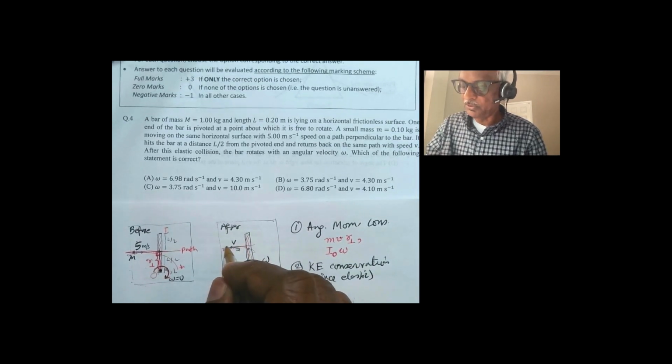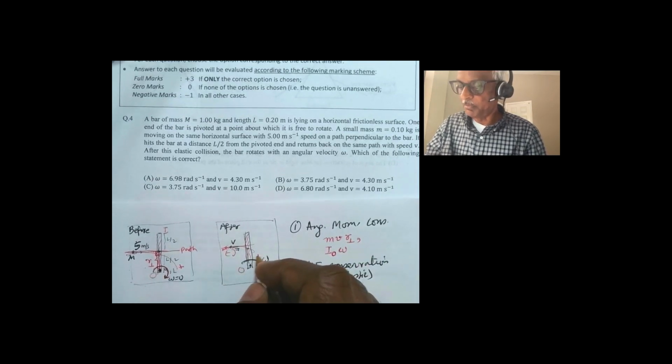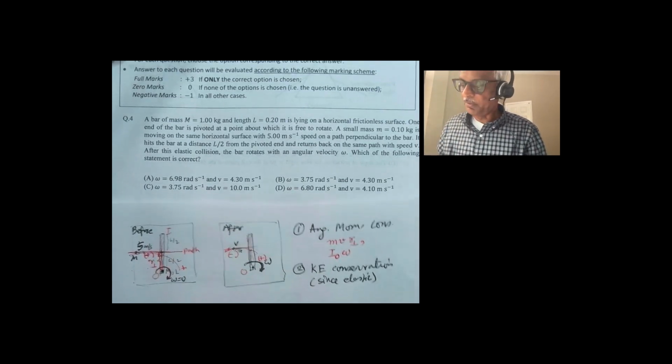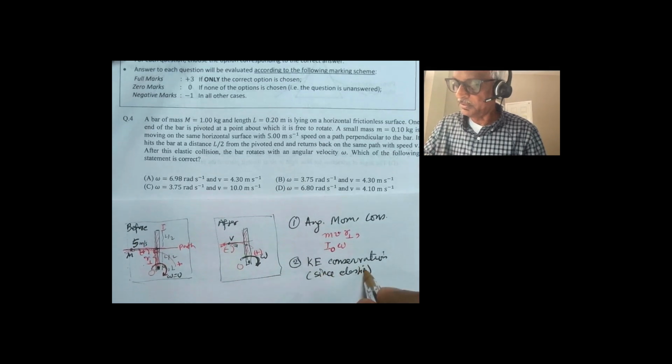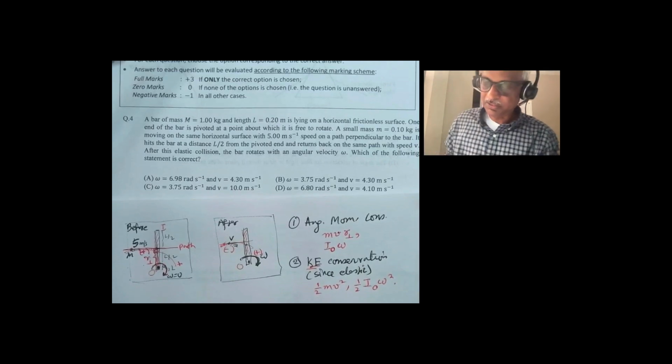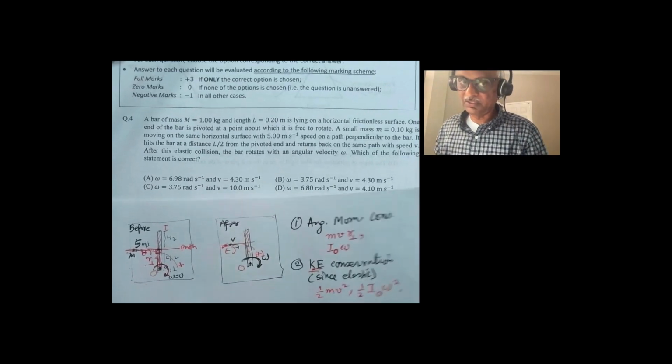This ball is going backwards, so it will be negative angular momentum, and the bar will be positive angular momentum. And how about the kinetic energy formula? It's going to be half m v squared for the particle, and half I_O omega squared for the bar. So we have all the formulas, and we can just do the algebra.